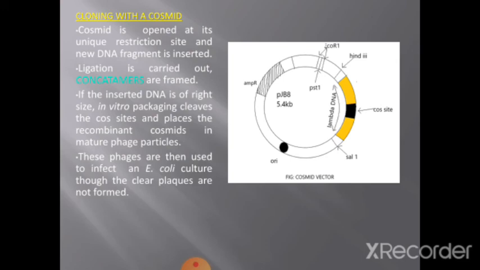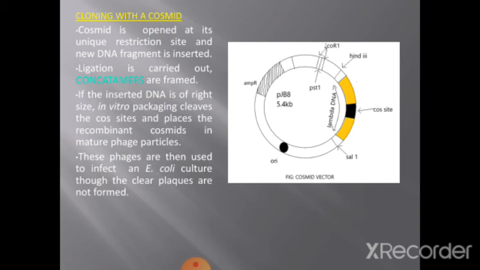Then there is one region for HindIII and SalI, and whatever is marked here with yellow, only that region has been taken from lambda phage DNA. The rest is from plasmid. Okay, there is one ori of replication, and there is one site for EcoRI. So this is how a typical cosmid looks.